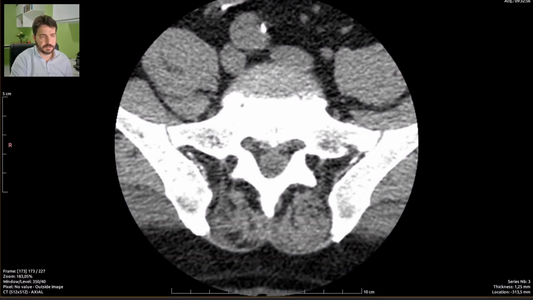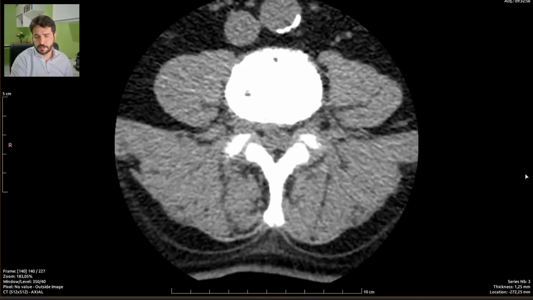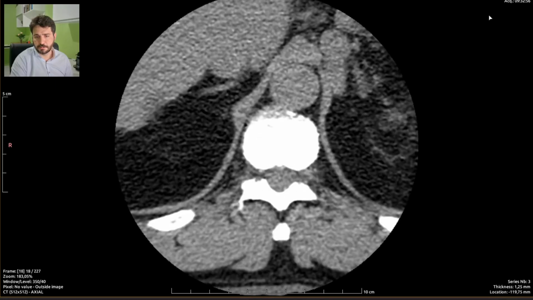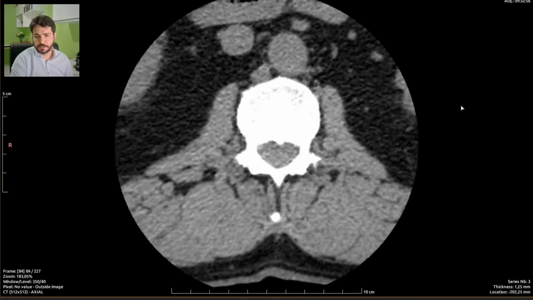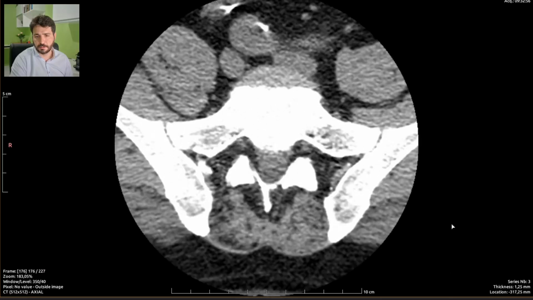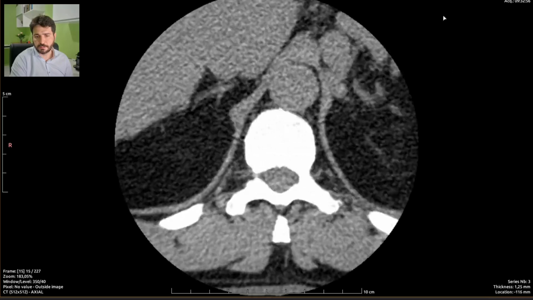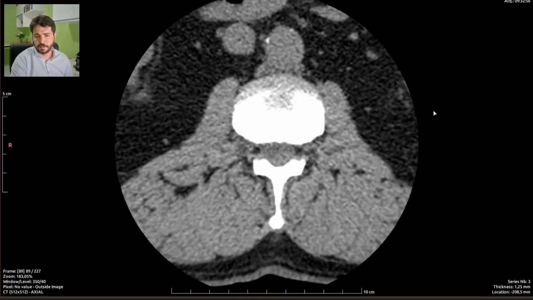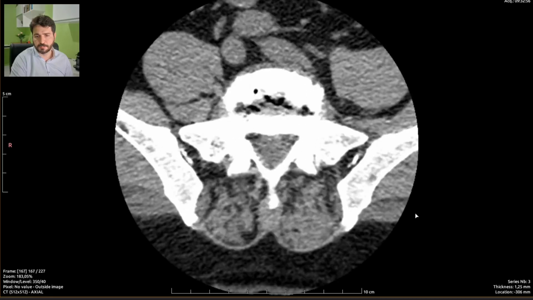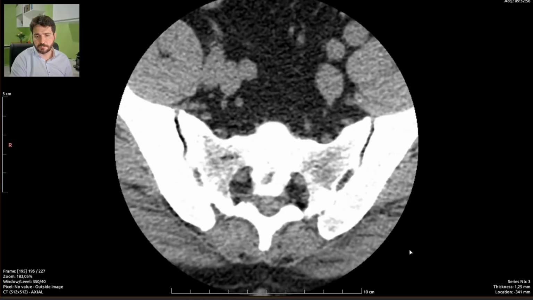So this is loaded. We have here an axial volumetric acquisition. This is great because we can do MPR reconstructions and actually look at every single detail on this patient's spine. You guys have already seen we have trouble here.